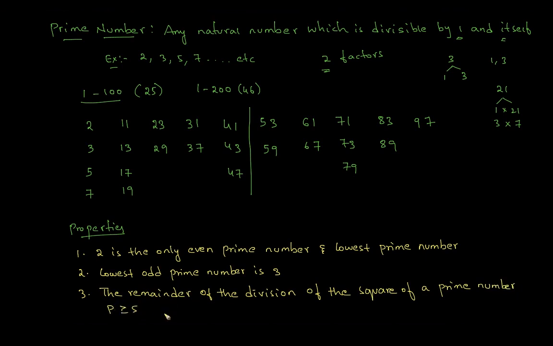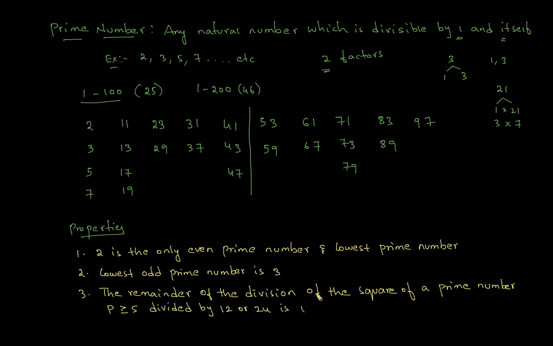So the square of a prime number which is greater than or equal to 5, right? Divided by 12 or 24 is always 1. The remainder is always 1.